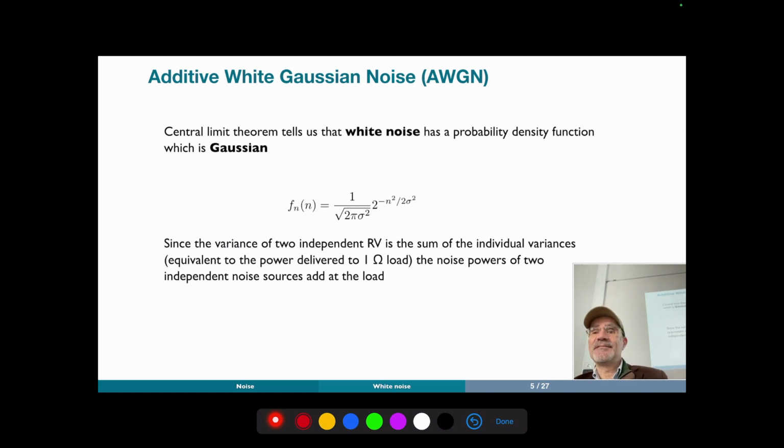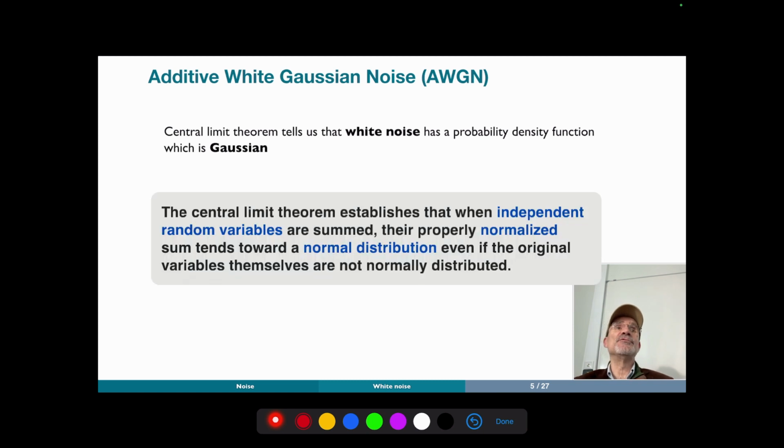It says that if we have a random variable, okay, which follows a certain distribution, if you have a combination of different random variables, as you combine more random variables, the total probability density function tends to converge to the Gaussian distribution.